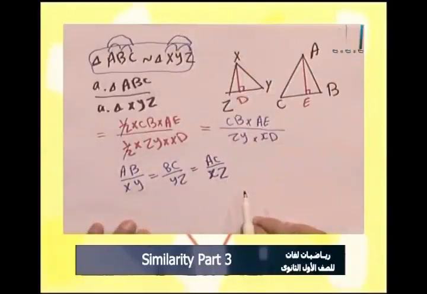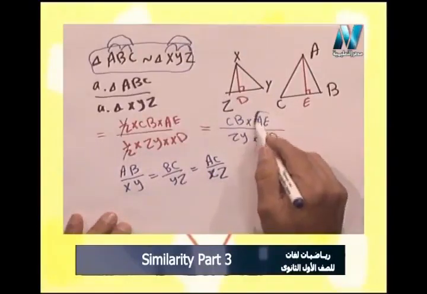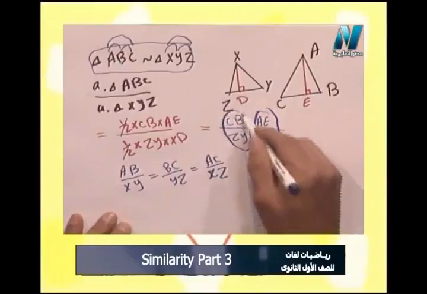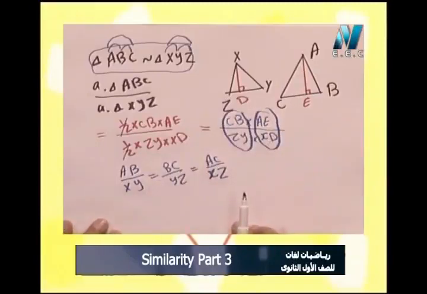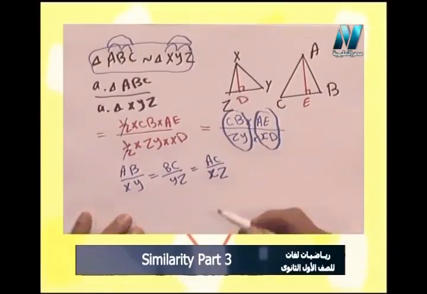Okay, try to compare this part and this one. We will find out that here we have BC or CB over ZY.